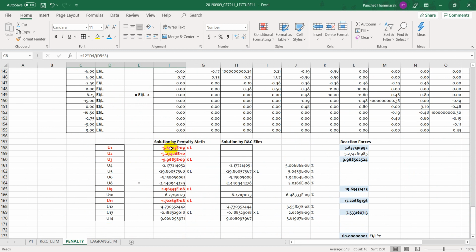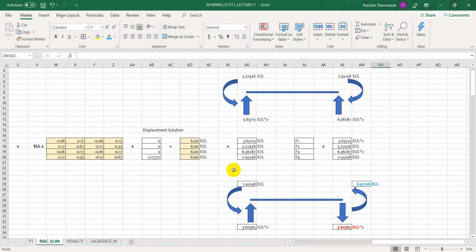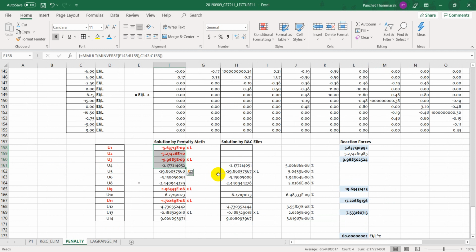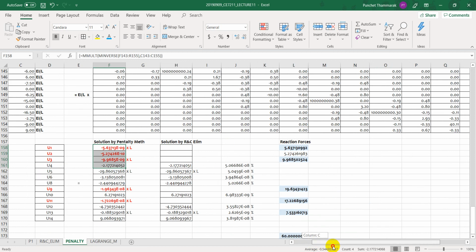So U1 is not zero. You need to just put this in. U2 not zero, U3 also a non-zero value, and U4. So you put all of these into the setup here. You come up with the force actions at the degree of freedom. It has to be pretty much identical to the other technique.